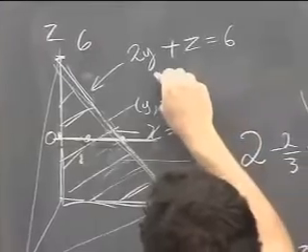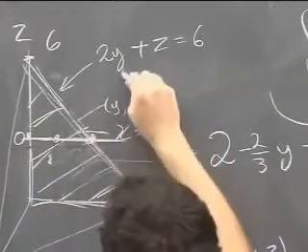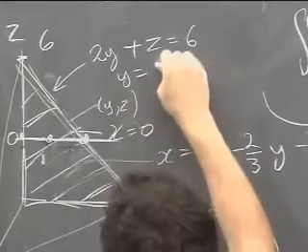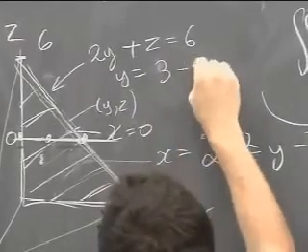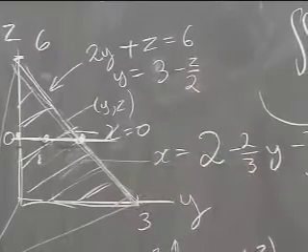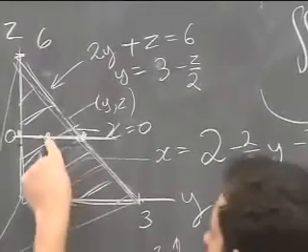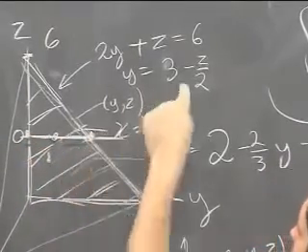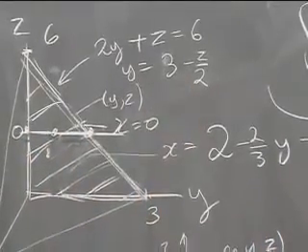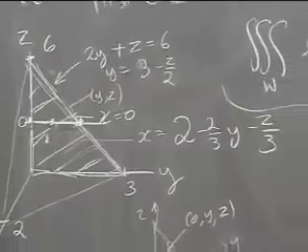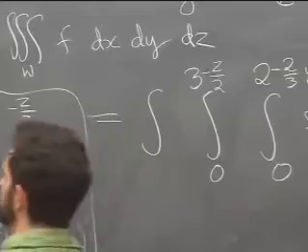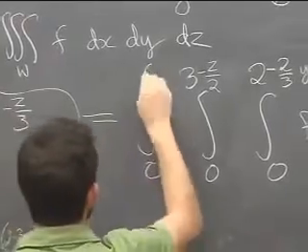So that means that the highest value of y occurs on this line, and it is 6 minus z over 2. So it's 3 minus z over 2. So for the fixed z, y is going to go from 0 up till it lies on that line, which is 3 minus z over 2. Finally, z goes from 0 to 6. And that's it.